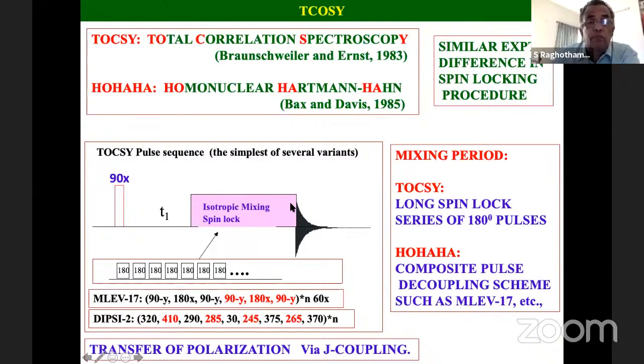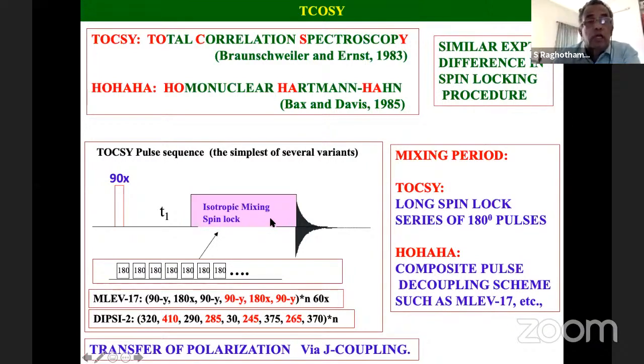It can be one long pulse, or it could be made up of a number of 180-degree pulses, or of all kinds of pulses, 90Y, 180X, 90 minus Y, and so on, or another one called the DIPSY sequence. As I told you yesterday, all kinds of pulses are used here: 320, 410, 290, 285, and so on. If you use that kind of pulses, you get a much better quality of the spectrum. So basically, it's simply a long isotropic mixing pulse.